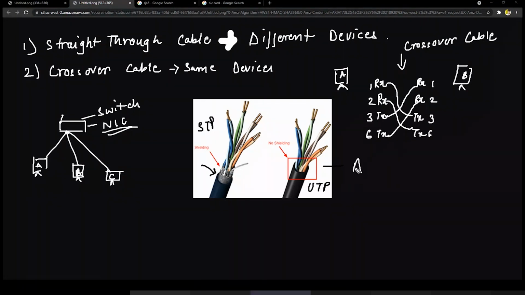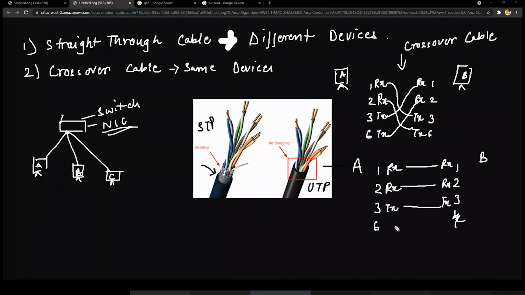And if we say that PC A's pins 1, 2, 3, 6 get connected to PC B with the help of a straight through cable, then in that case what would happen is pin 1, which is the receiving pin, will get connected to the receiving pin of PC B. Then again pin 2 will get connected to pin 2. Then pin 3, which is the transmitting pin, will get connected to the transmitting pin.